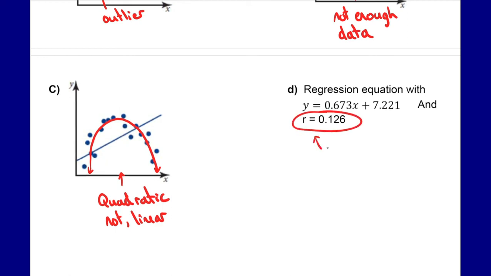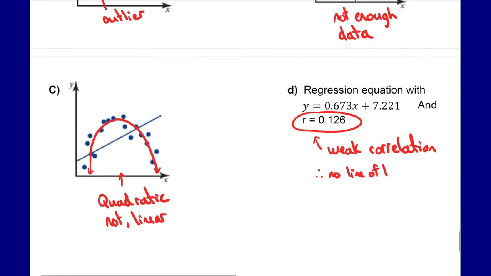So because we have a low r value, we have a weak correlation. So if we have a weak correlation, yes, you could still have a line of best fit, but we would say that therefore you probably don't want to have a line of best fit because it's a weak correlation. So you don't want to say that there is a relationship because at best there is a weak one.